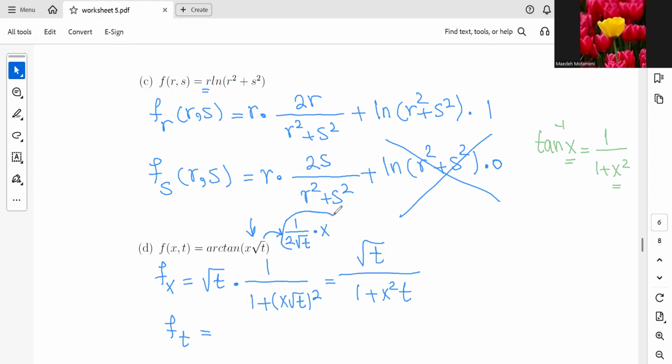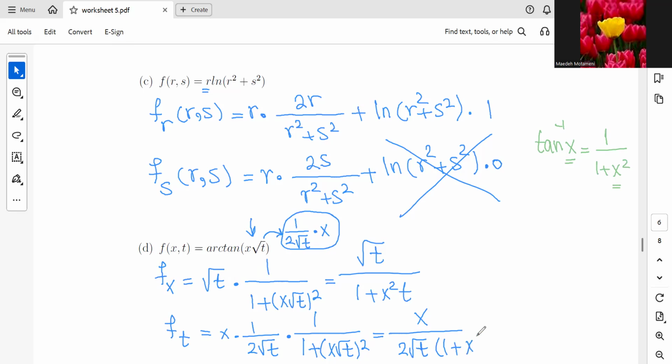So this is the derivative of inside, which I will write here, times 1 over 1 plus whatever you have as the inside to the power 2. And you can simplify this as x over 2 square root of t times 1 plus x squared times t here.